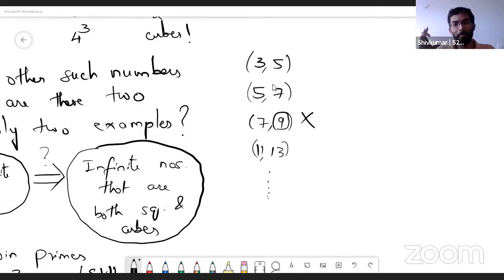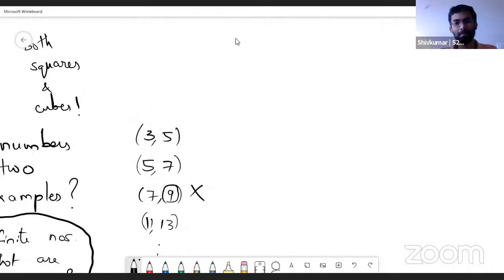So today I will come back to our original question of finding a number which is both a square and a cube. Let us come back to our question.